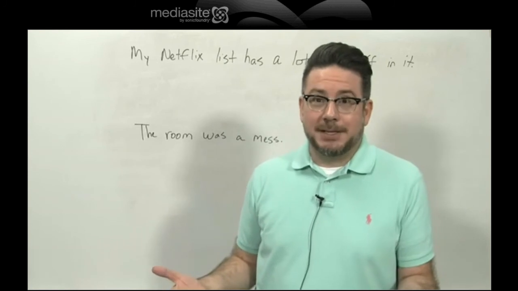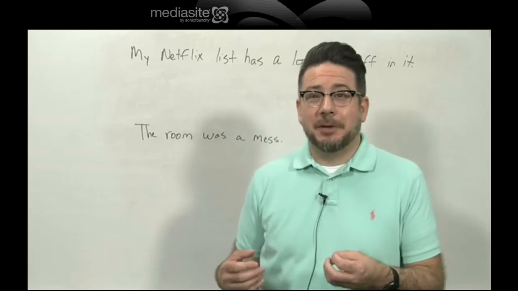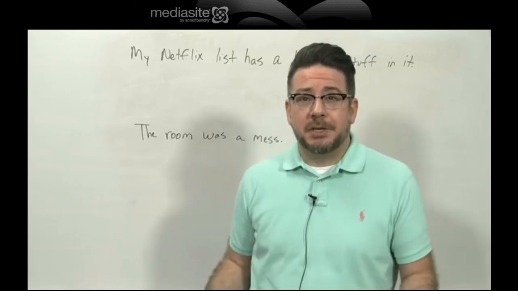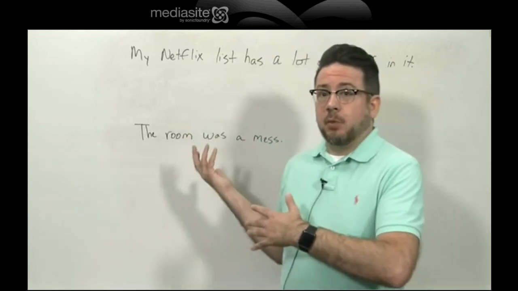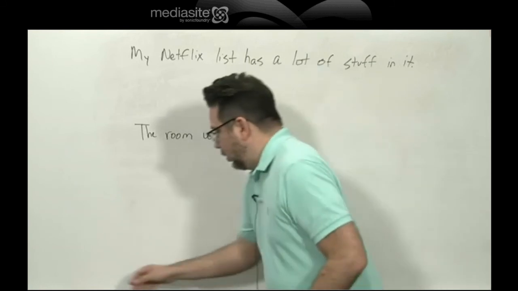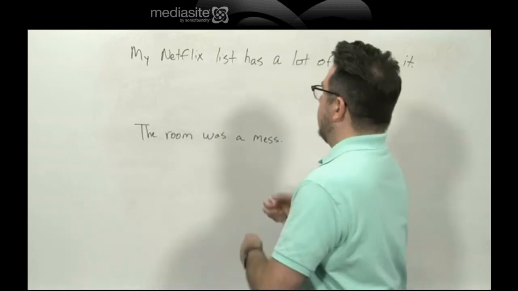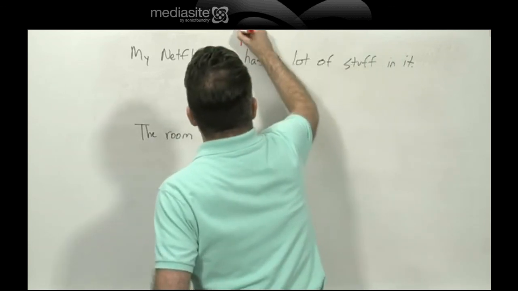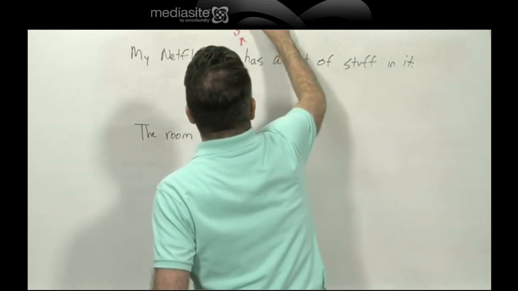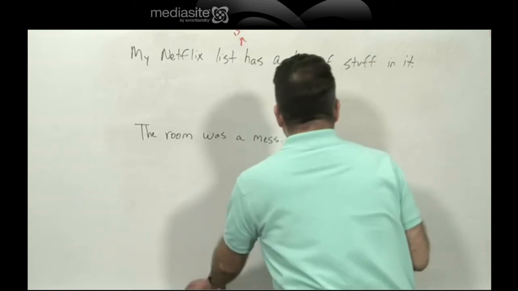Basically all you're admitting is that you have Netflix, but you're not telling them anything about your interests or what kind of movies. So how could you include specific details to make this a more interesting sentence? Well, I would probably do something like this.